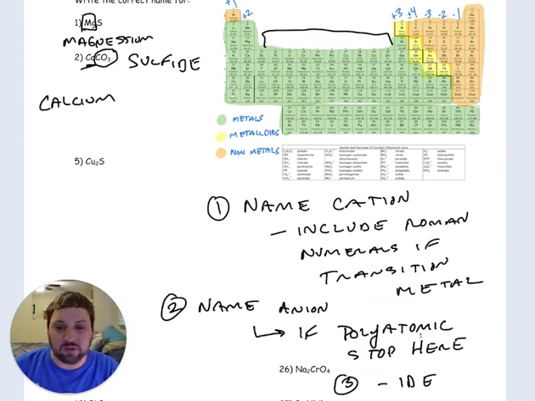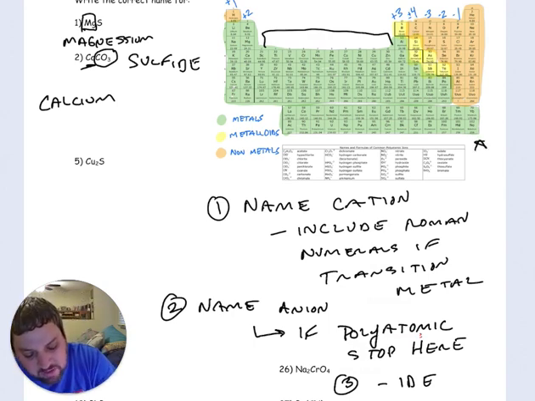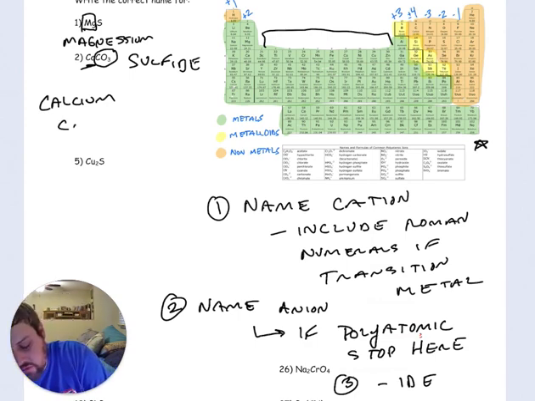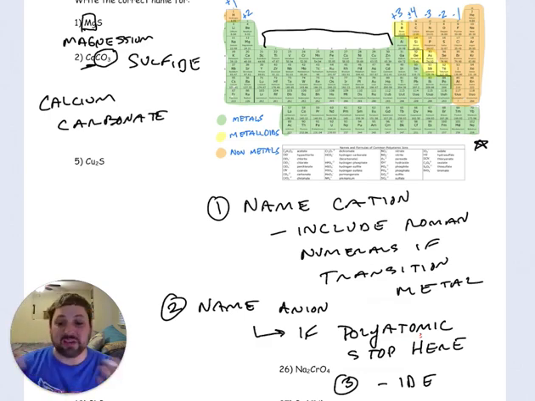So we actually have a big list of polyatomic ions on the bottom of your periodic table, and if we look at CO3, we can see that it is carbonate. So we can stop right at step 2 because this is a polyatomic ion. So calcium carbonate.